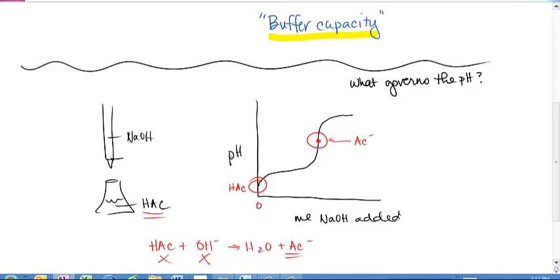Up here in this region where we have lots of extra OH-, it's the OH- that's governing the pH.